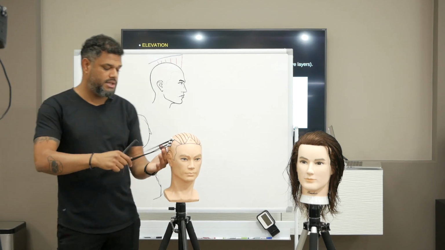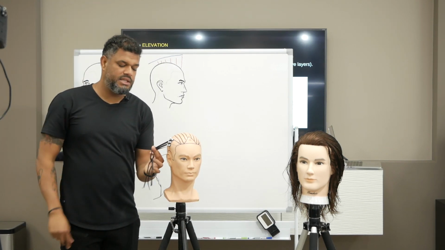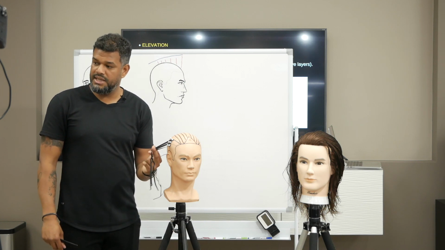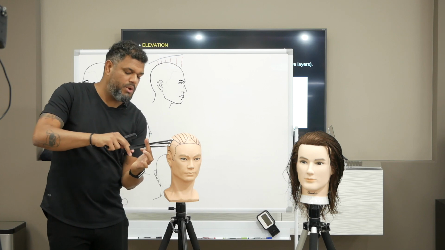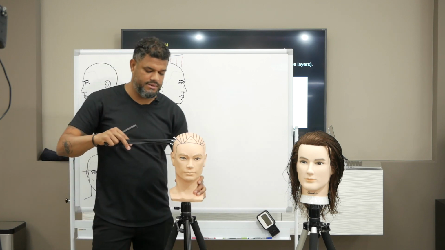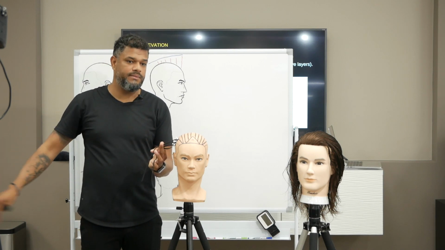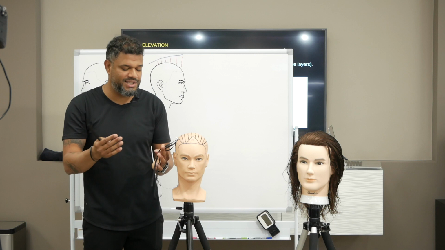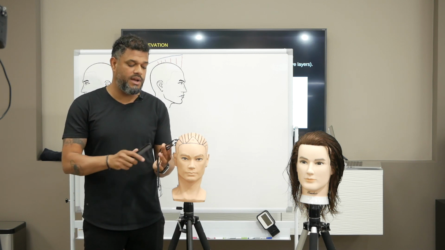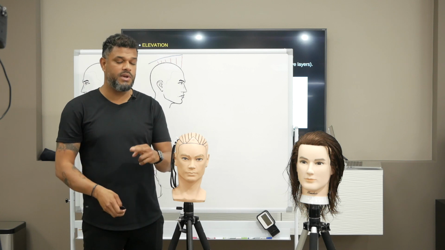The more you elevate the hair, the more graduation and less weight is built. When you get to the point of 90 degrees, there's no weight anymore. It's removed totally. You're starting to create layers. Layers, you will understand, is a removal of weight. So everything lower than 90, heavy weight and graduation.